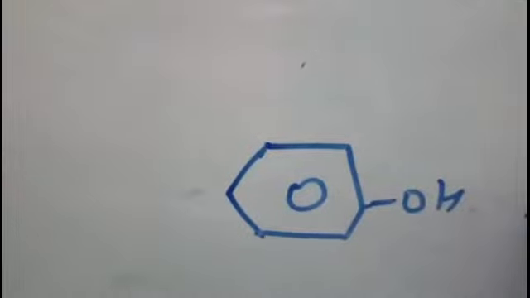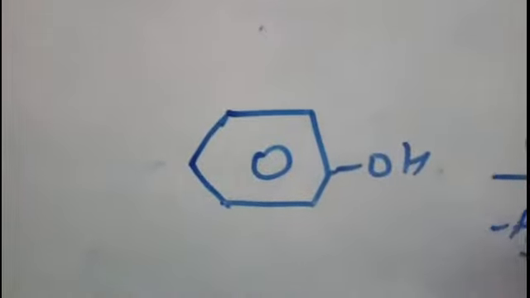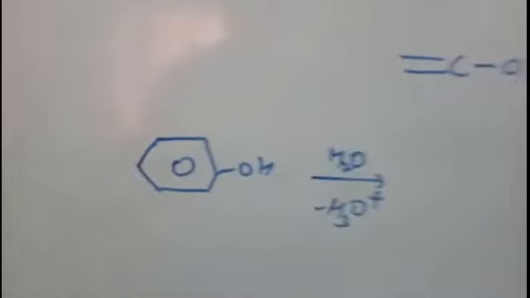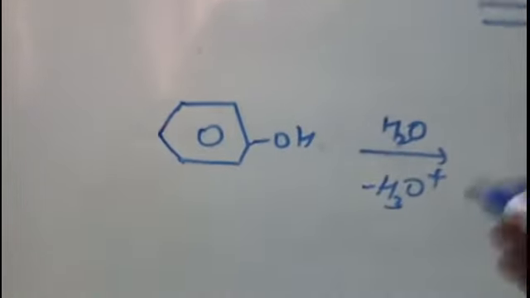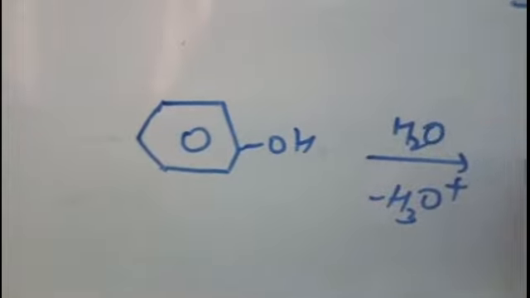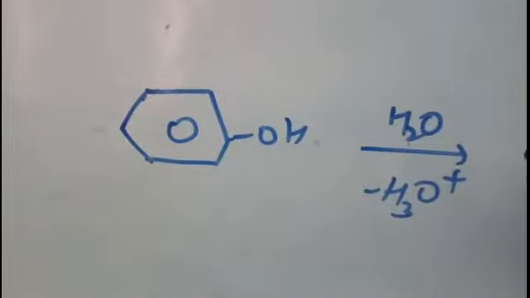See how? In the case of phenol, first of all, when we treat it with water, it is neutral ferric chloride, meaning ferric chloride dissolved in water. So when phenol reacts with water, a hydronium ion is removed and we get a phenoxide ion.